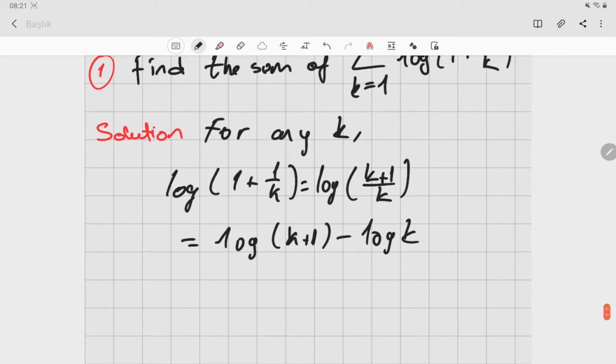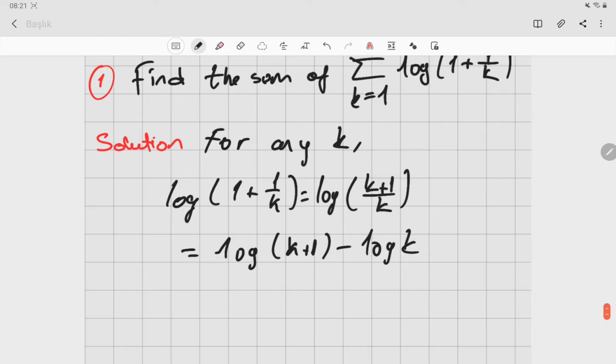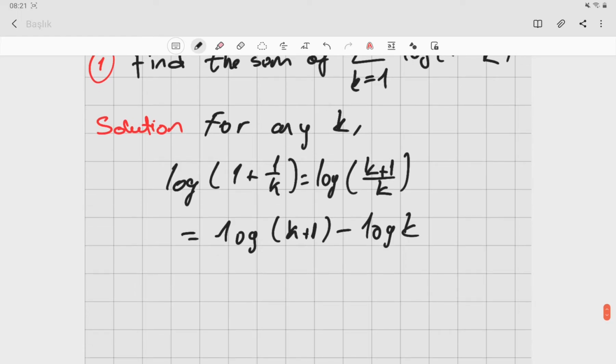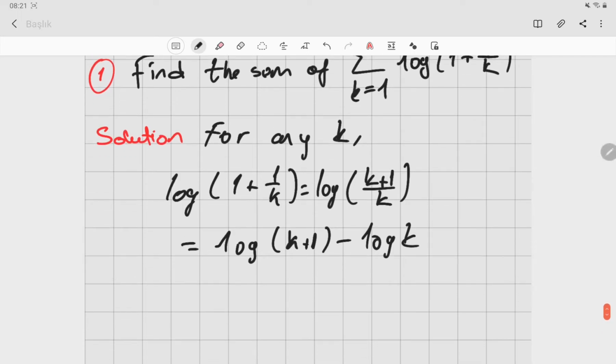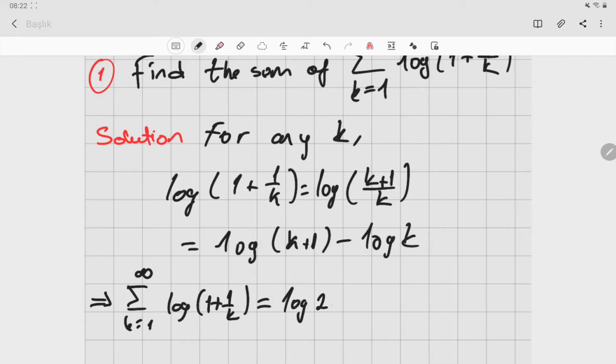Okay, so this means that our series, logarithm of 1 plus 1 over k, equals, for instance, for k equals 1, logarithm 2 minus logarithm 1.